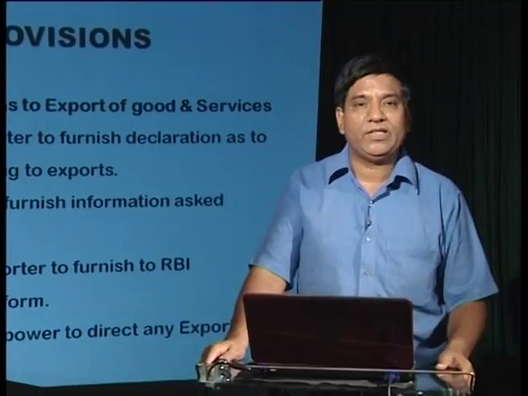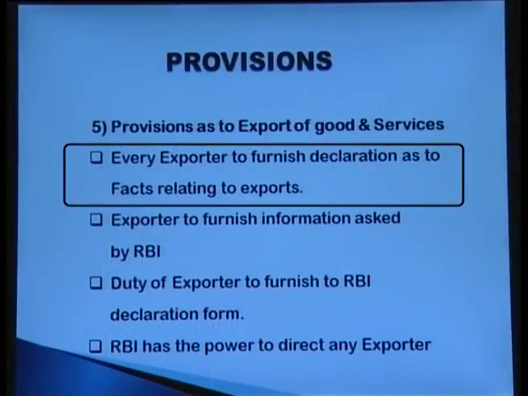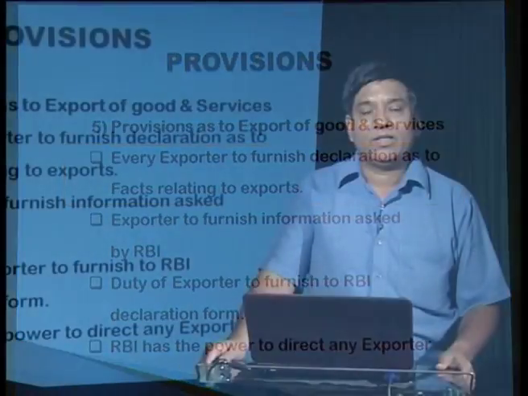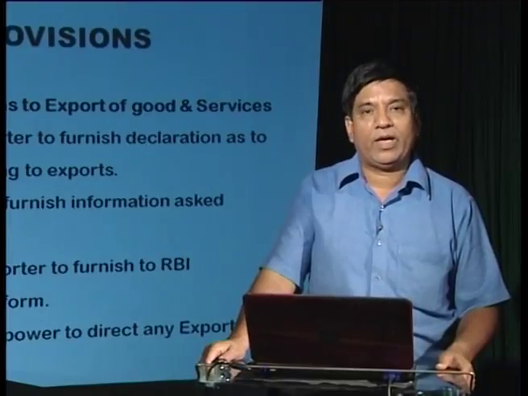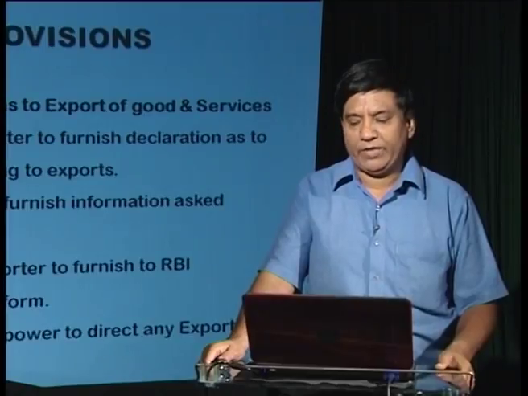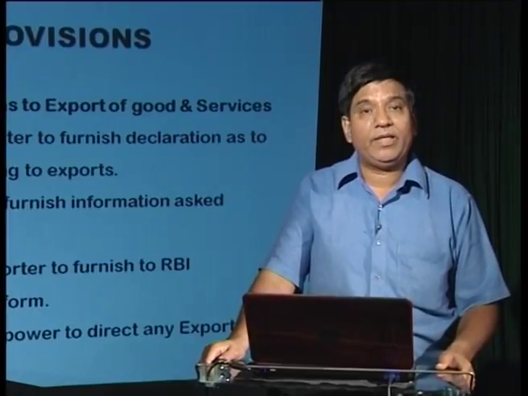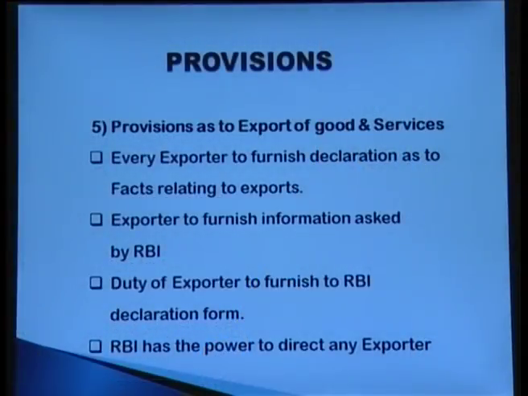But here the provisions are clear that every exporter has to furnish a declaration to the Reserve Bank of India regarding facts relating to exports. Now, this exporter not only has to do the declaration, but has to also furnish information asked by Reserve Bank of India from time to time. It will be the duty of the exporter to furnish to Reserve Bank of India the declaration form.